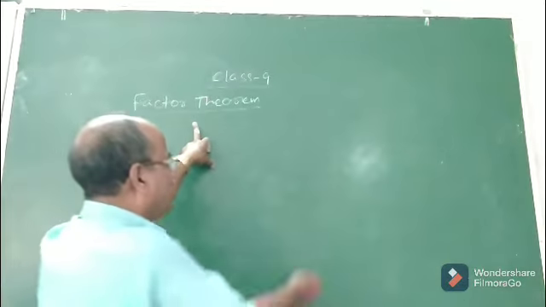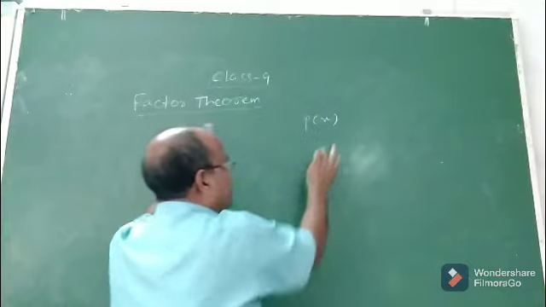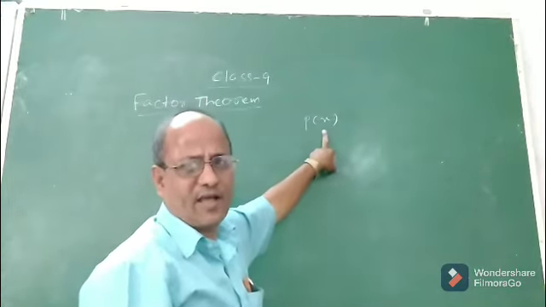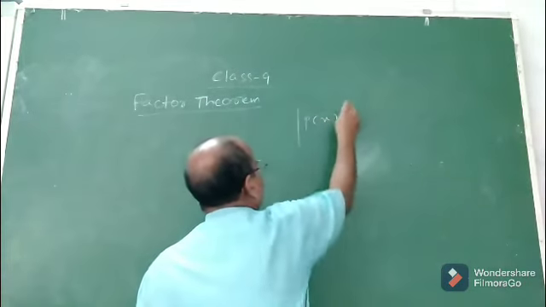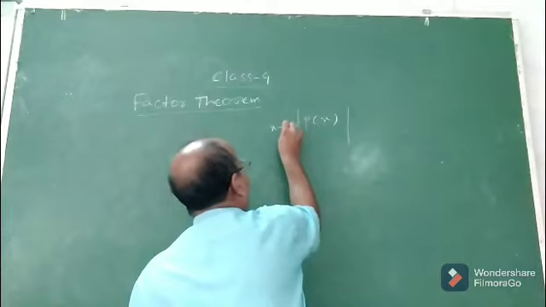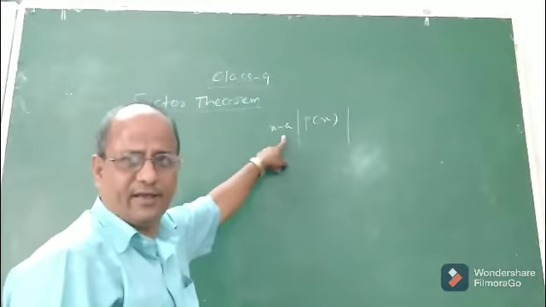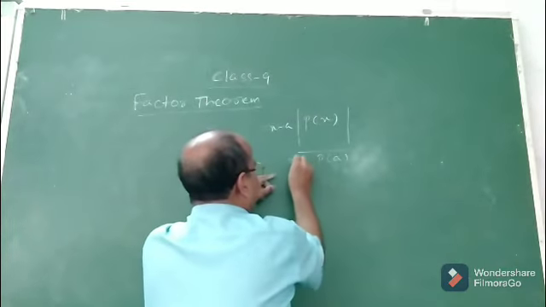In the remainder theorem, let us recall what I said. If p of x is any polynomial whose degree is greater than or equal to 1, and it is divided by a linear polynomial, say x minus a, then the remainder is always p of a, r equal to p of a.